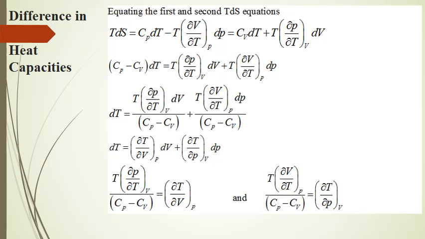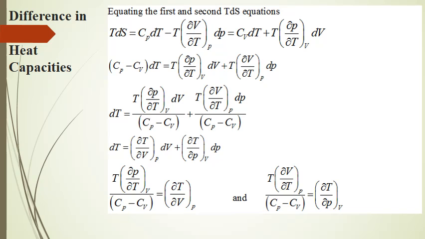Now rearranging the terms, we have (Cp minus Cv) dT is equal to T (∂P/∂T) at constant V dV plus T (∂V/∂T) at constant P dP.